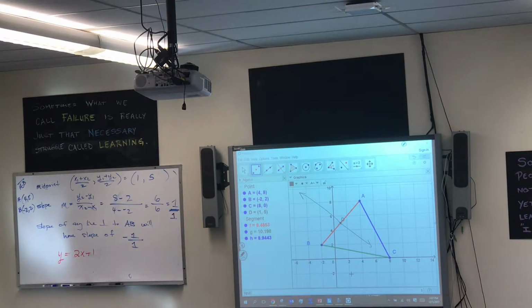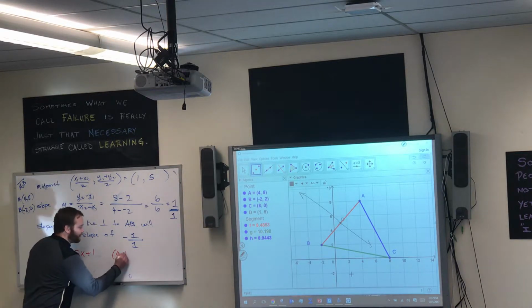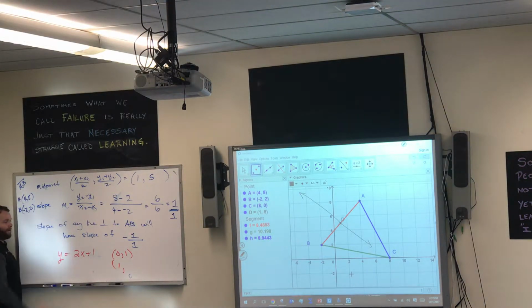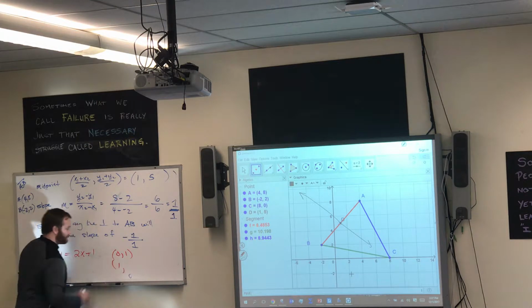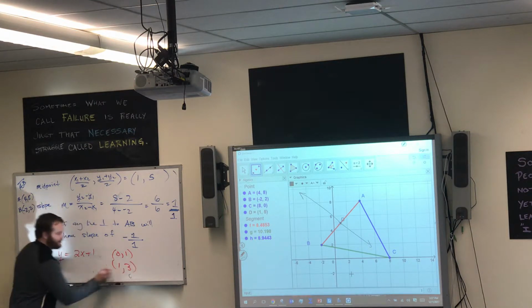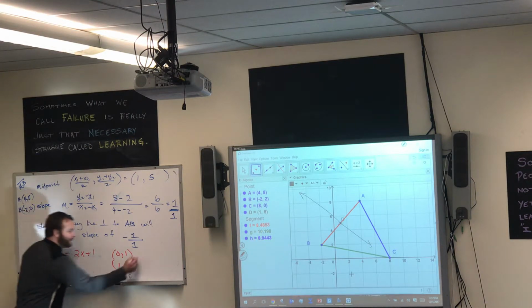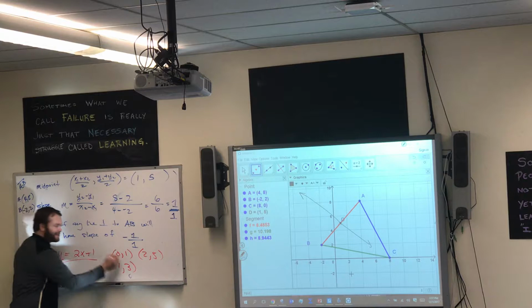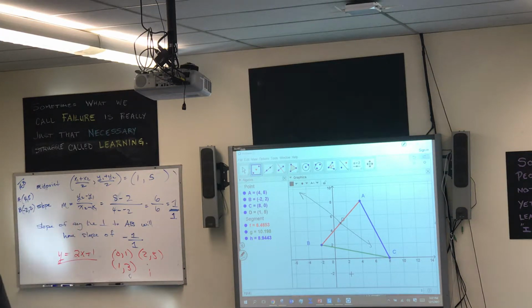Y is 1, right? So I now have a point (0, 1). If x is 1, what do I get for y back? 3. When x is 2, I get 5 back, right? So this is actually showing me a list that would be infinitely long.